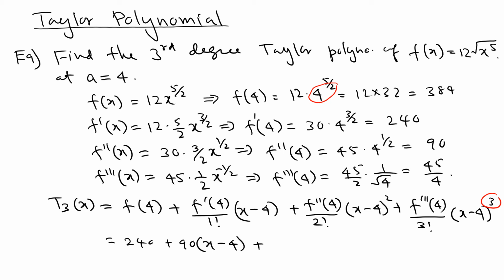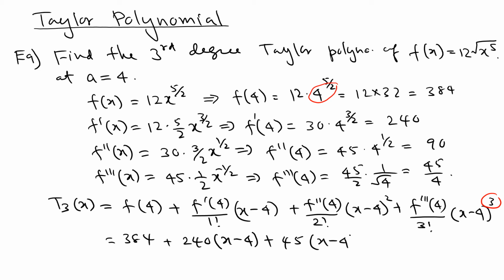Actually, we made a mistake, so the first number is not exactly correct. We're going to get 384, and then the second number is 240 x minus 4, and then the second derivative is 90. So 90 over 2, that means 45.